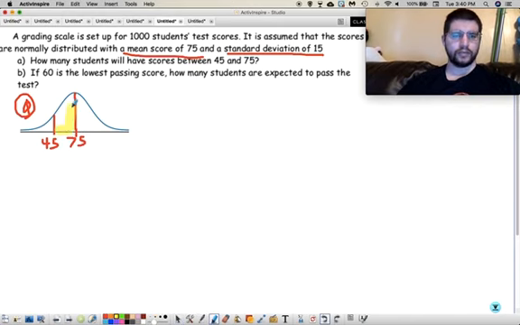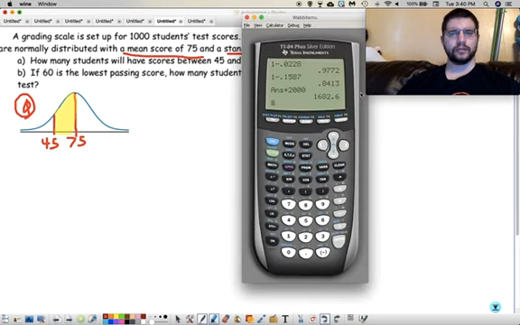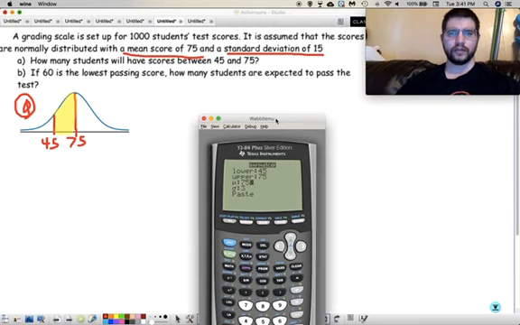We need this probability right here. So using a calculator, I'll pick normal CDF. 45, 75, 75 for the mean, and what was our standard deviation? 15.